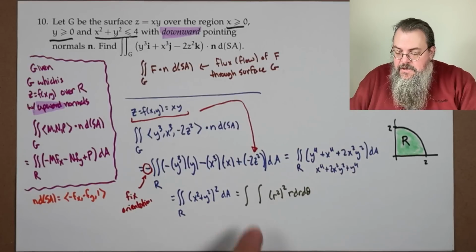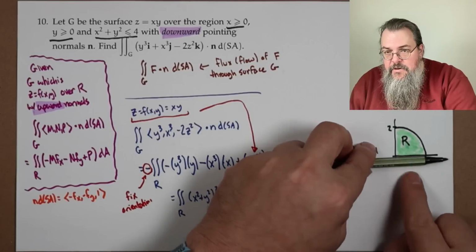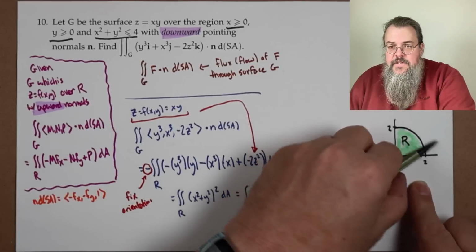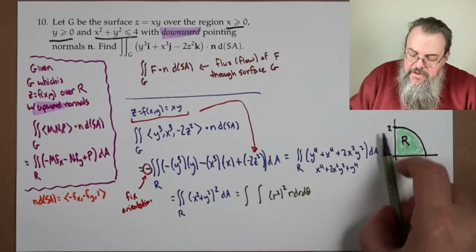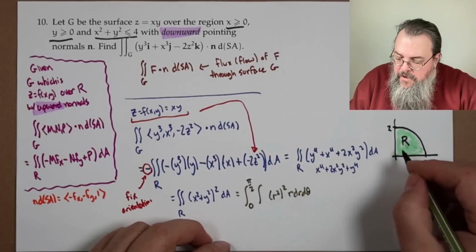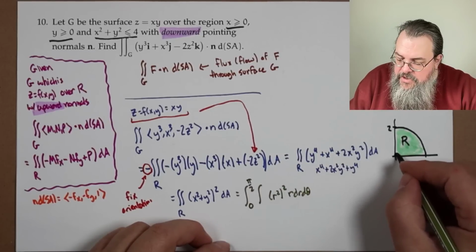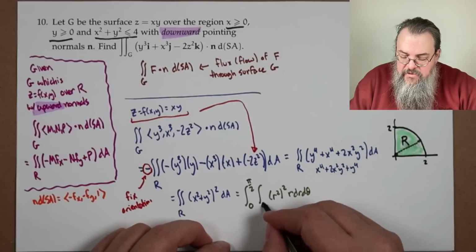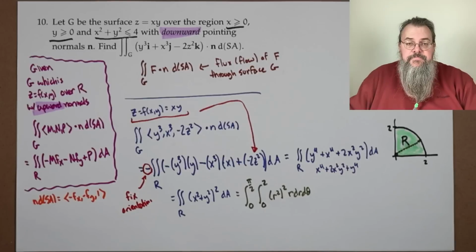And then theta, well, we start at 0 and we go to pi halves. Right? We're just in the first quadrant, so we don't go all the way around. 0 to pi halves. And then for r, well, we start at the origin and we go out to the circle of radius 2. So r goes 0 to 2.